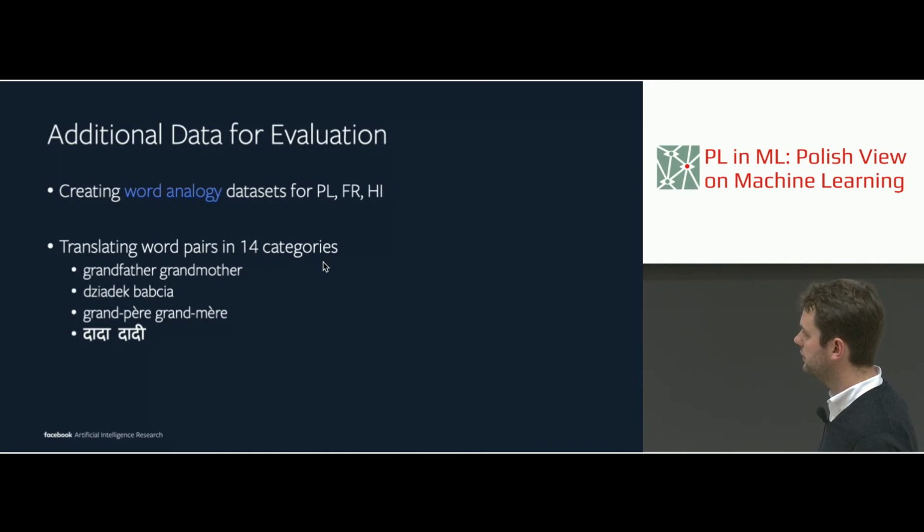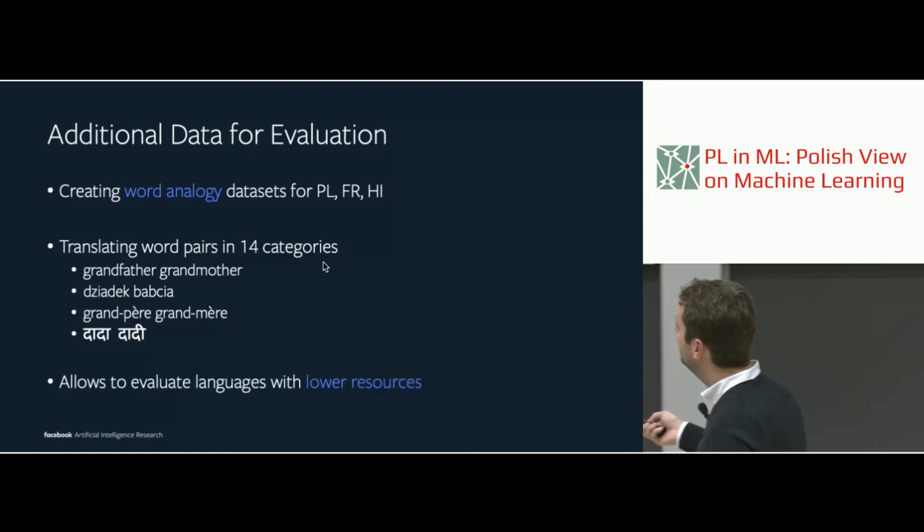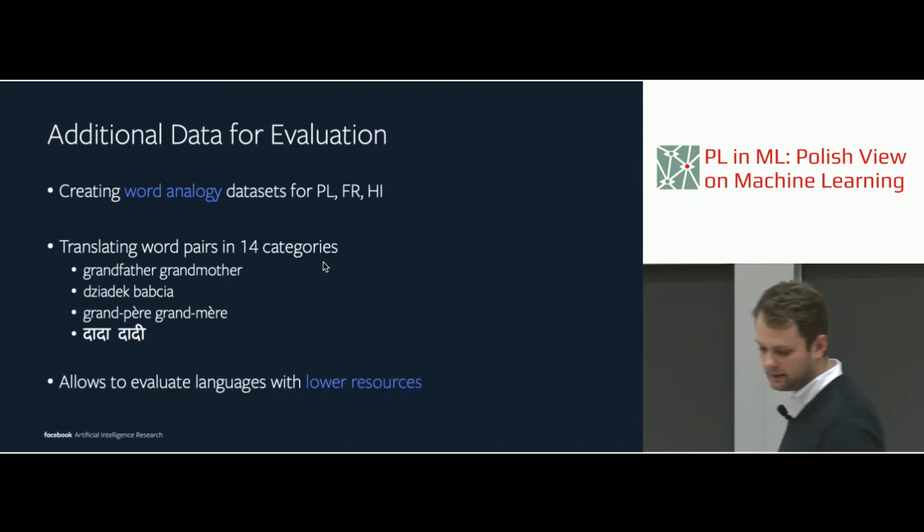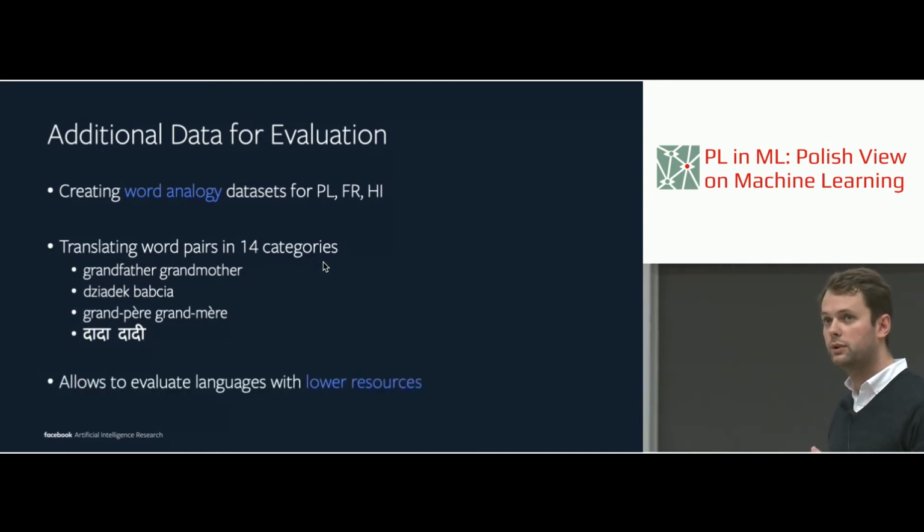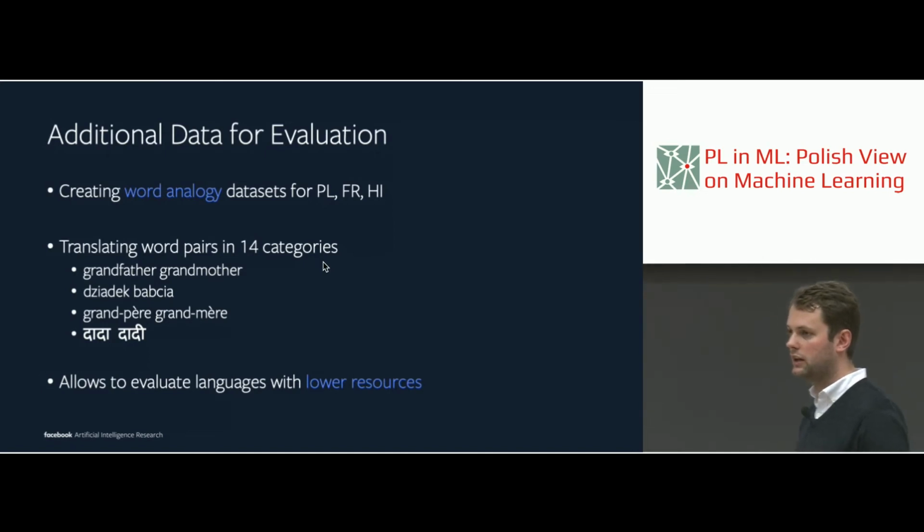So for instance, you would get pairs such as grandfather, grandmother, and you just need to translate that to dziadek, babcia, grand-père, grand-mère, and I cannot read it.